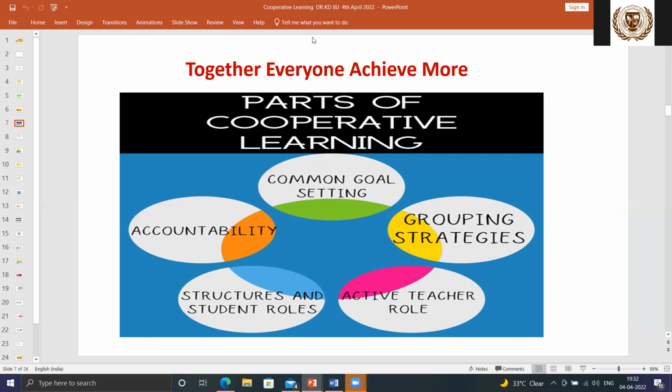Together, everyone achieves means there are some parts of cooperative learning where all the students collectively learn. Number one, common goal setting, then grouping strategies, active teacher role, structures and students' role, and accountability.